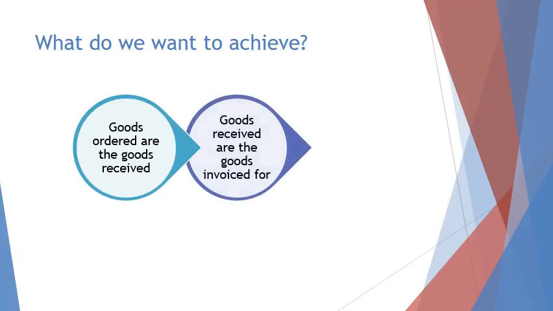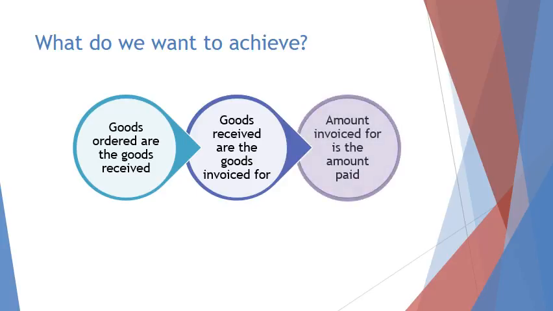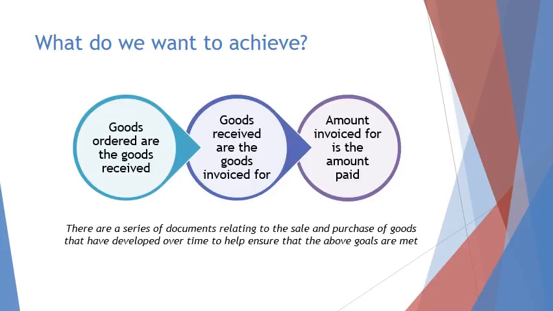Secondly, we also want to make sure that the goods received are the goods that are invoiced for. And lastly, we want to make sure that the amount that's invoiced for is the amount that ends up being paid. Now, accountants have developed a series of documents in order to help us achieve these goals.